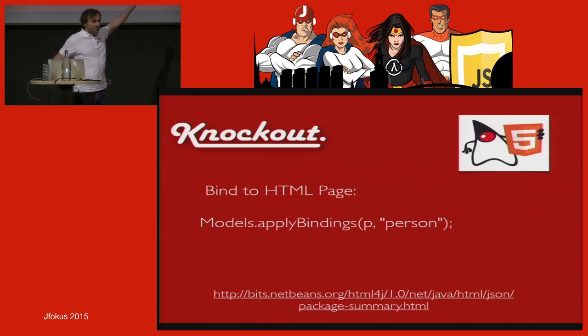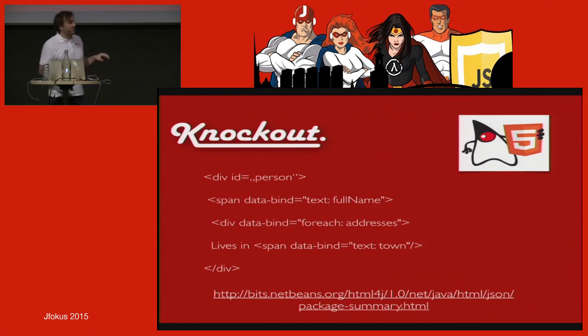And this is the code that you were asking for, basically. This is what you need to do to bind it to a place in the page. So in our case, we bind our person to an element in the page that is identified by the string person. So here we have a div that has the ID person, so this is what it is bound to. And now I can do the bindings here.